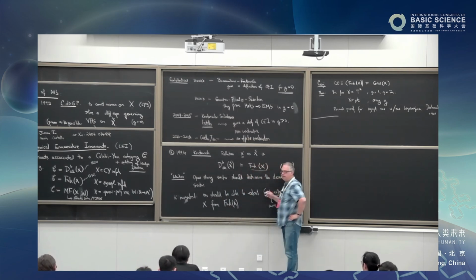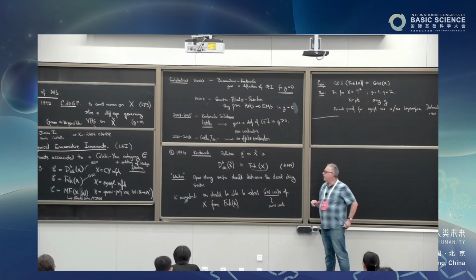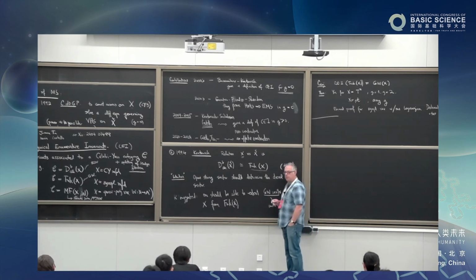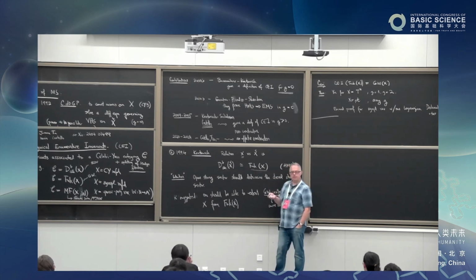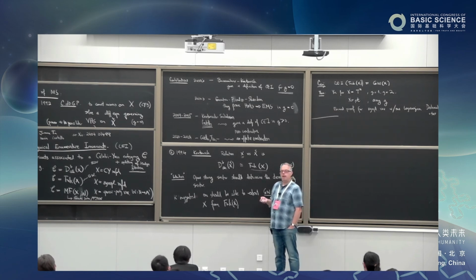The Fukaya category, for people who do symplectic geometry, is not defined over the field of complex numbers. When you define the Fukaya category, the very first step is you need to introduce something called the Novikov ring and the Novikov field. And this is a category that is defined over the Novikov field.